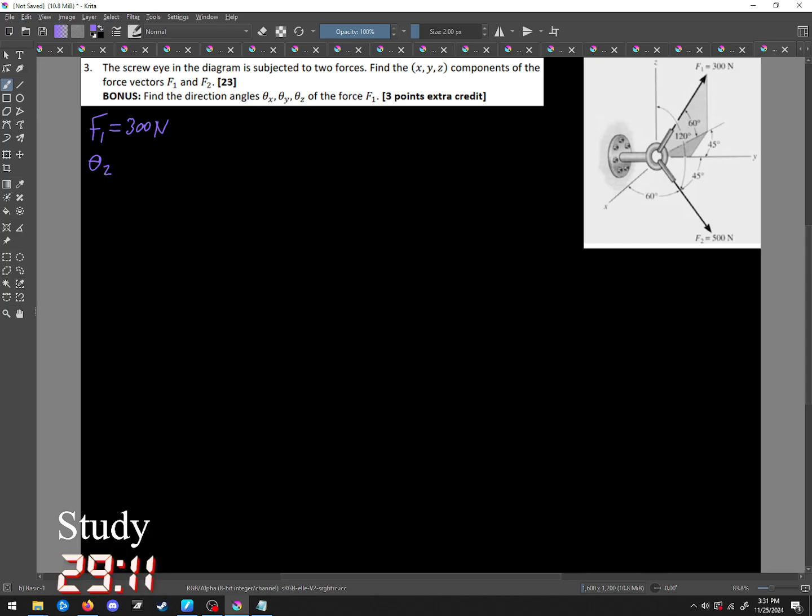Theta z here is going to be equal to 30 degrees.